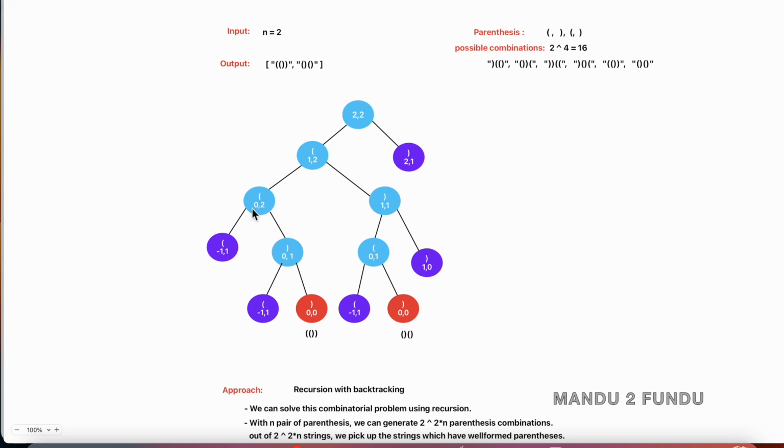Then if we try to include the open parenthesis one more time, we run out of open parentheses, so we end up getting -1. So this is an invalid combination. So we can ignore this path.